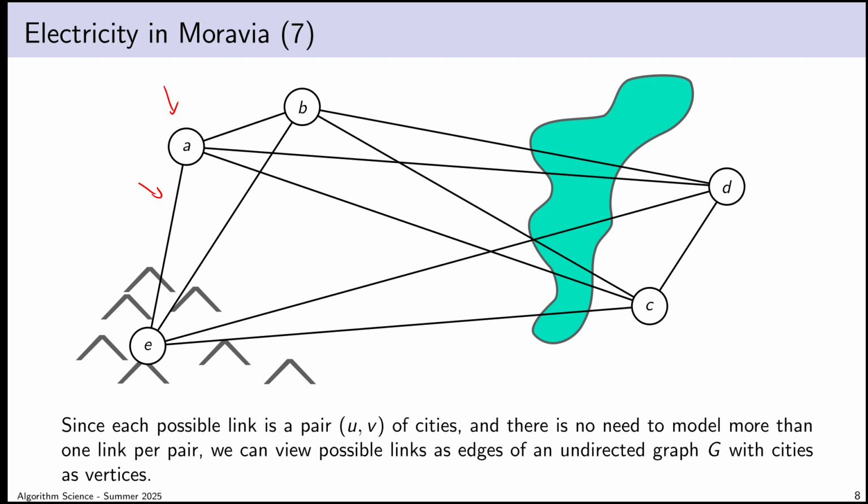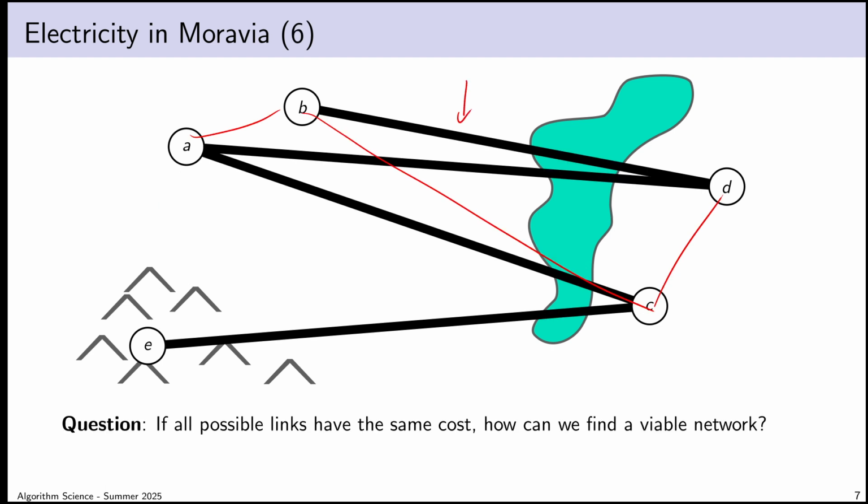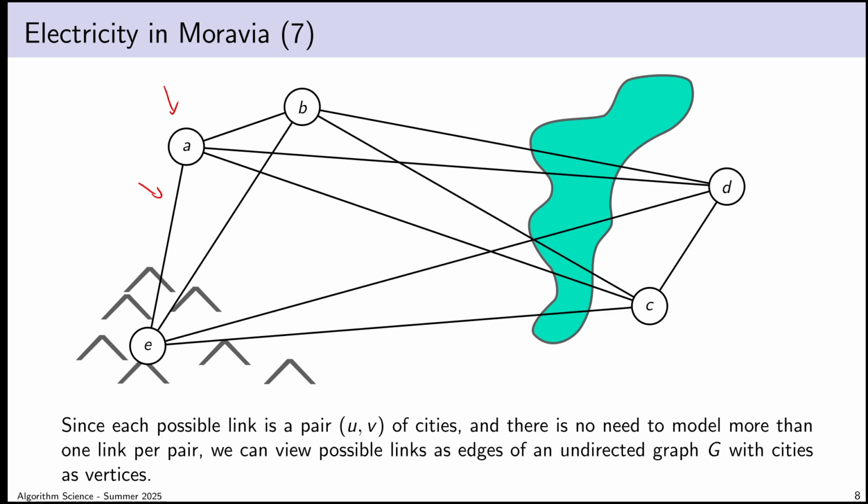And the idea behind doing this is, what I want to do is find a way for these solutions, so individual ways of connecting all cities with no redundancy, to be part of some larger structure. So I want to make a graph that models all possible links and then view this choice of links as a subgraph of it, which we'll discover is going to be a spanning tree of it. So there's no need to model more than one link per pair, and I want to explain why I think that.